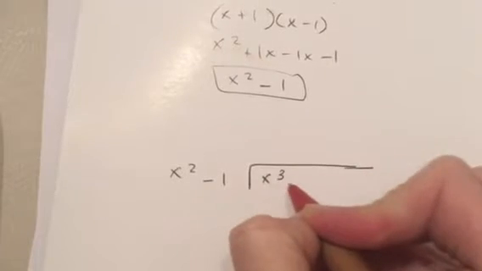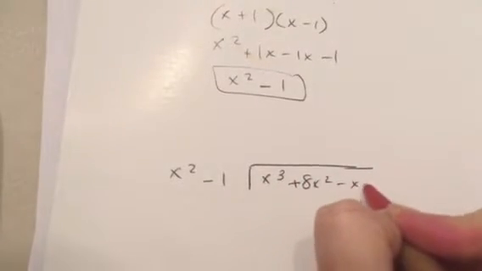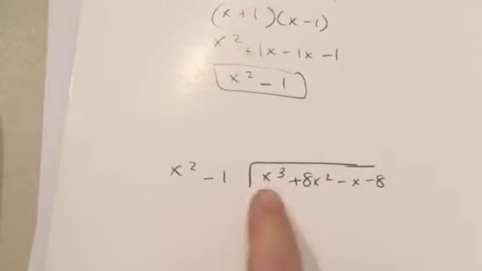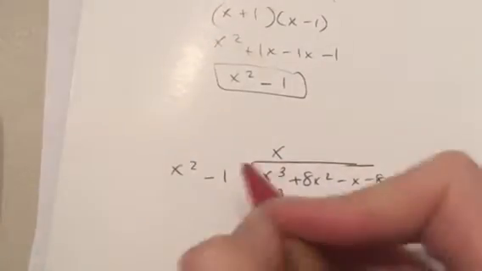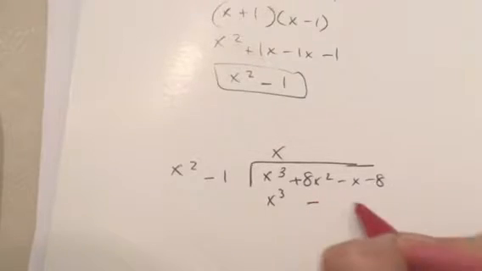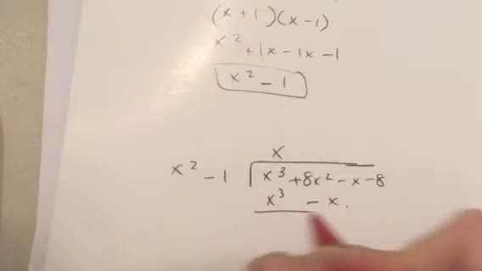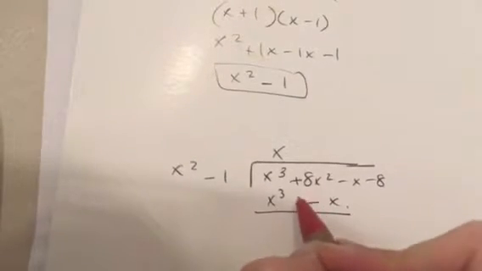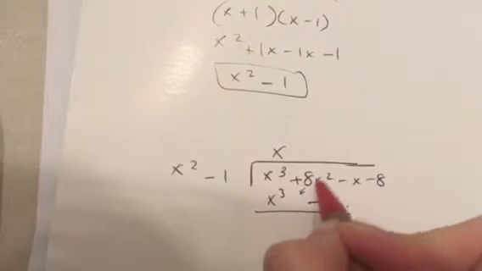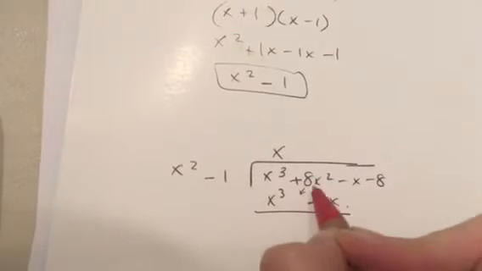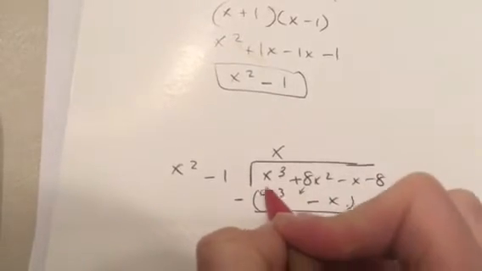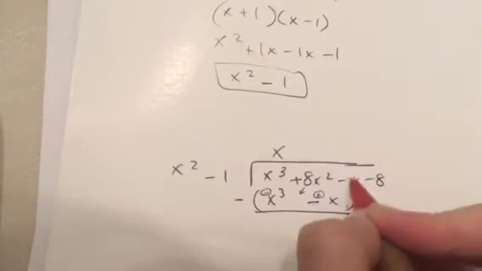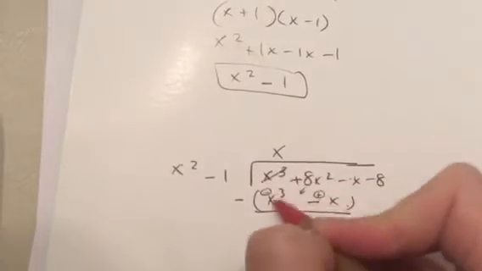So what do I multiply x squared by to give me this? An x. That gives me x cubed minus x. Now, there's a 0 or a plus 8x squared there, so I'll be subtracting these. So that's gone.